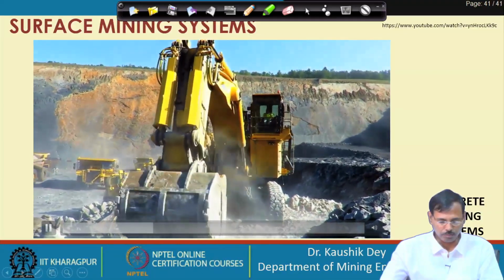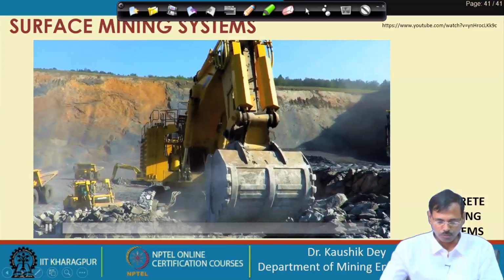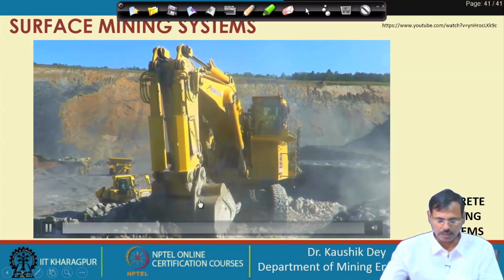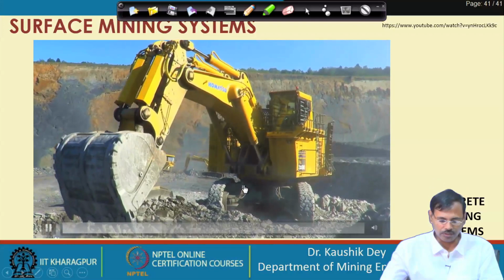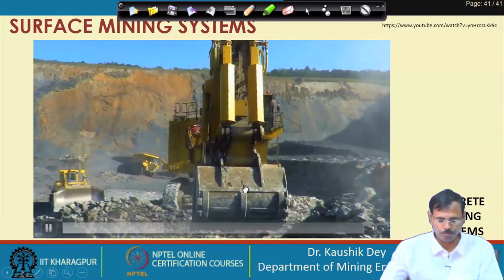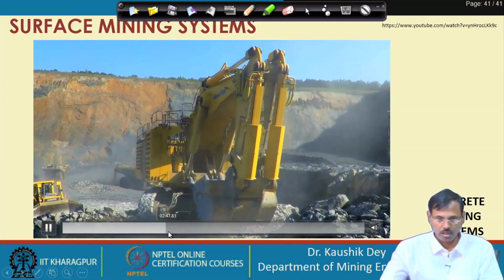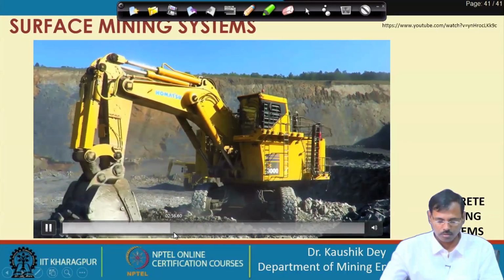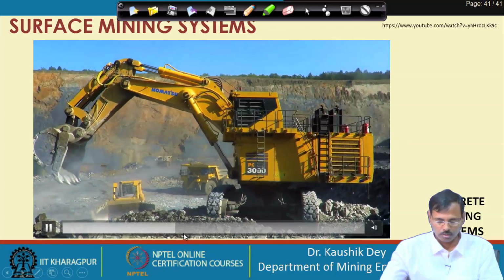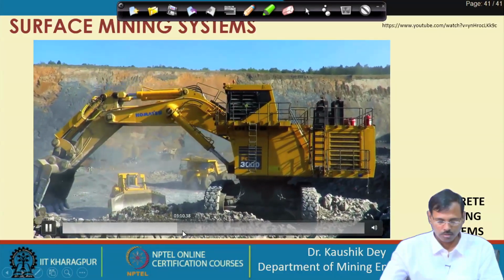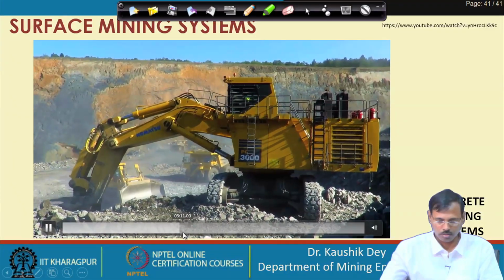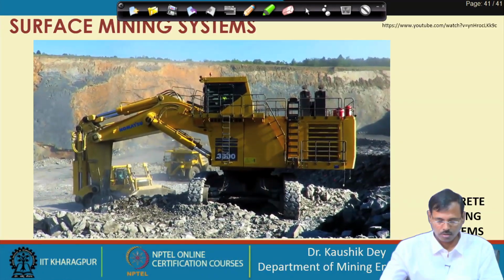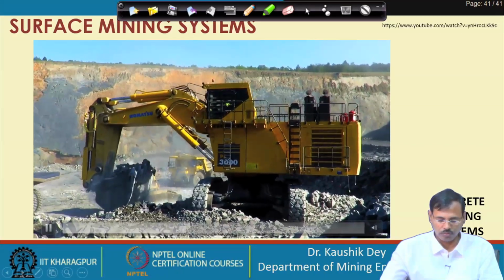You see in the back side we have deployed a dozer also, so that the fragmented rock pieces can be gathered to make a heap of rock, and the excavator can have a better filling of the bucket if the rock is placed in a heap. So, it has filled its bucket.